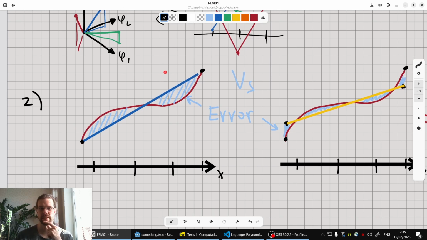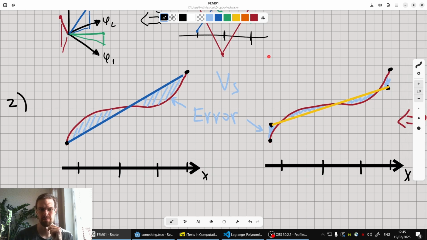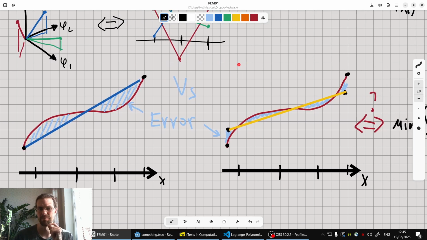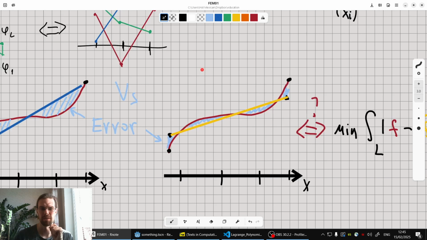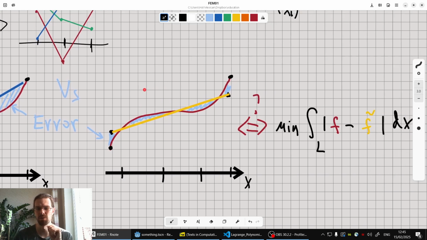So the area is related to how good the approximation is. We want to lower this. And so the question is, does linear interpolation, is it the best? And basically I can offer you another version of linear approximation, which will produce much lower error.